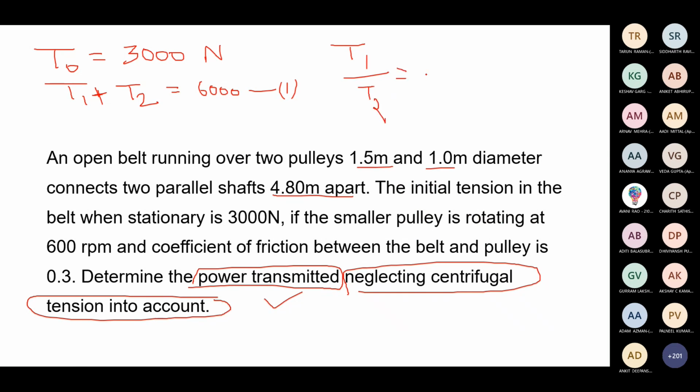Can you calculate T1 by T2 here? Yeah, you should be able to calculate theta because you know R1 and R2. You will be able to calculate R1 and R2. Center distance is also given. So using these two equations, you should be able to find out T1 and T2. With that, you should be able to calculate power. So do this yourself.